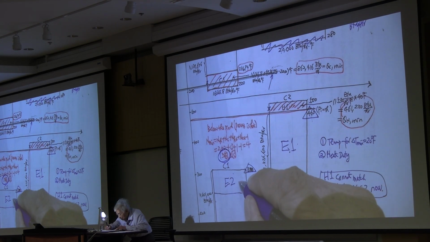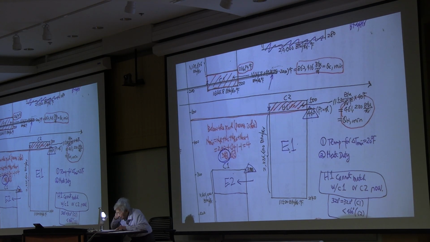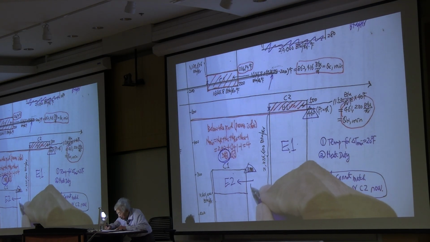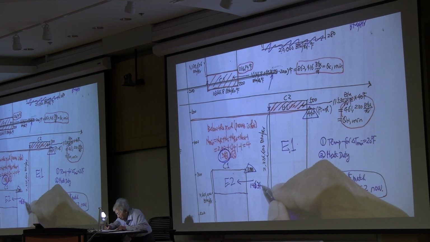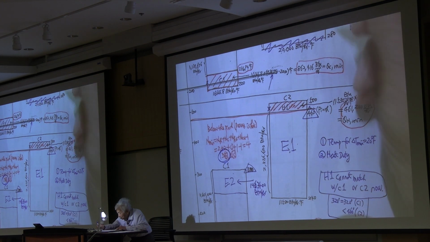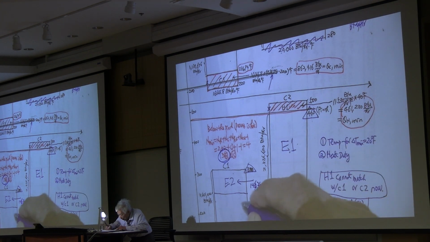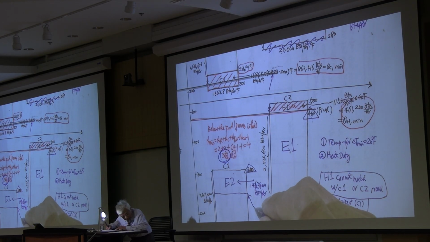E2, what is this area? 1463400 from here. And what is this temperature?